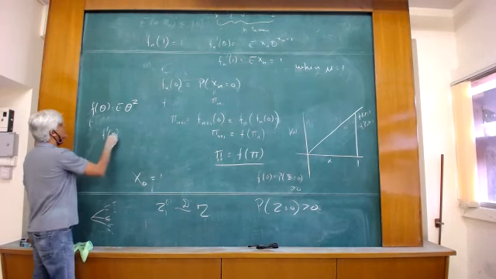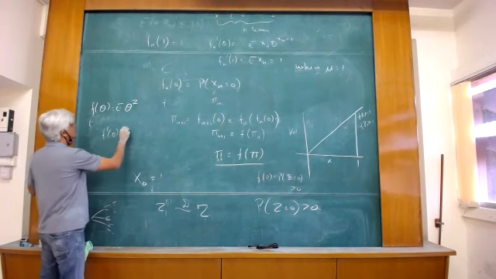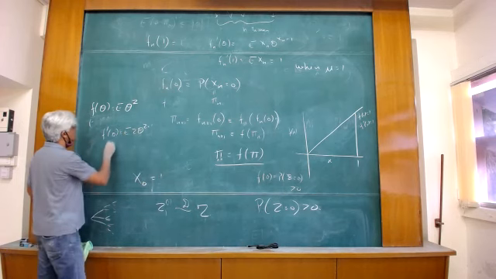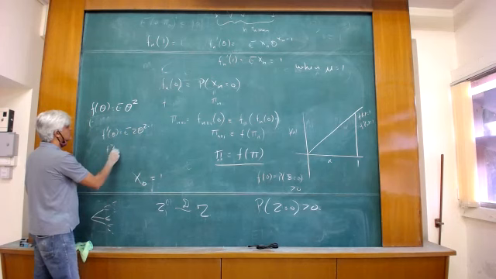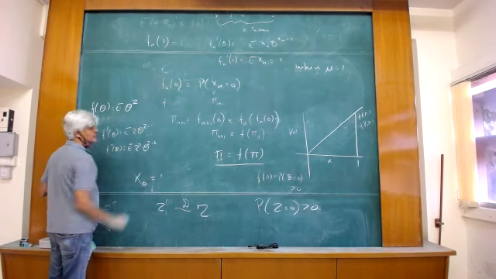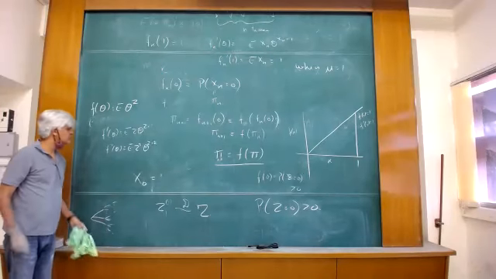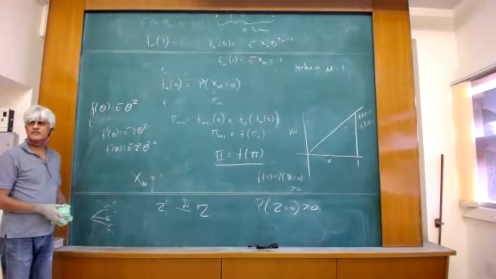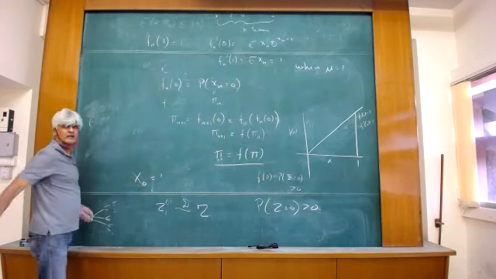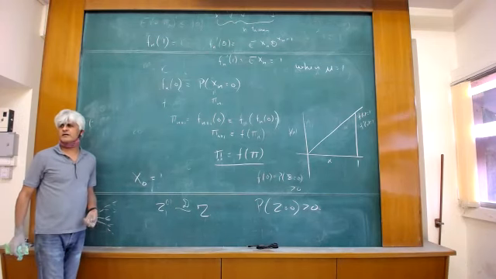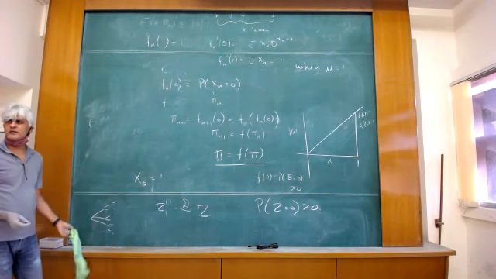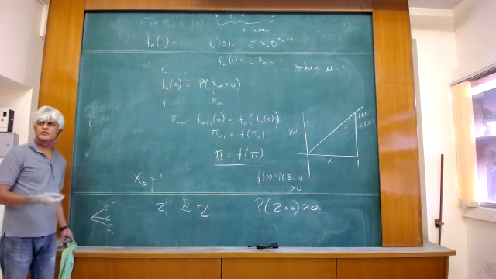F prime of theta is equal to this, and f double prime is non-negative for theta greater than 0, so it's convex. This holds even when theta is between 0 and 1.